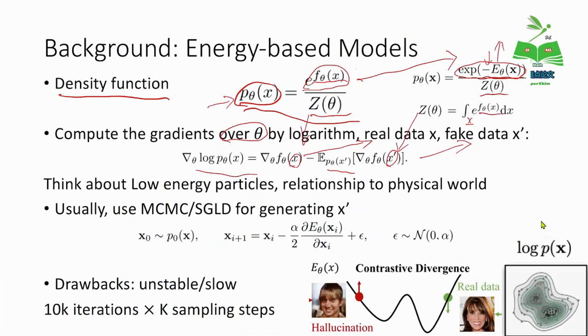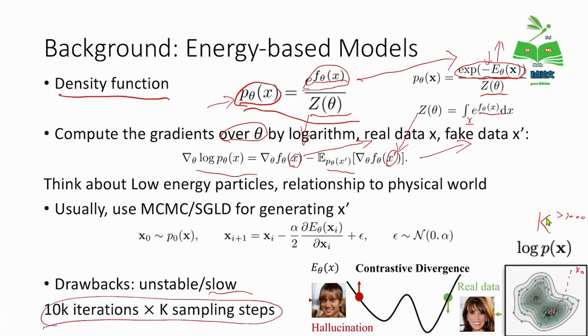If we take a picture as an example, it starts from some random noise x0 and we go several steps, for example we update it K steps. Then we hope it goes to the low energy region. But K may be very large, so it runs very slow, and updating with so many steps makes training very slow.